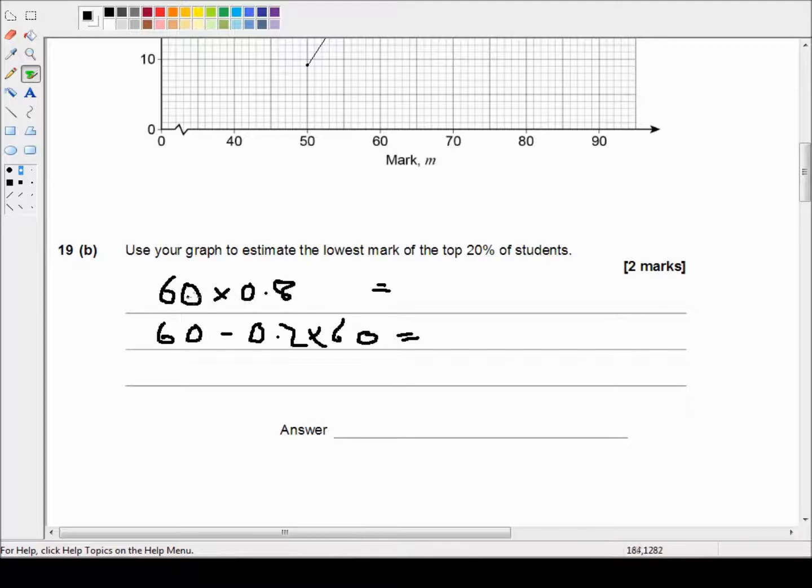So, 60 times 0.8, well, if I divide the 60 by 10 and then multiply the 0.8 by 10, I'm dividing by 10 and multiplying by 10, so I'm not actually changing the outcome. Then I've just got 6 times 8, and 6 times 8 is just 48, which we know from our times tables.